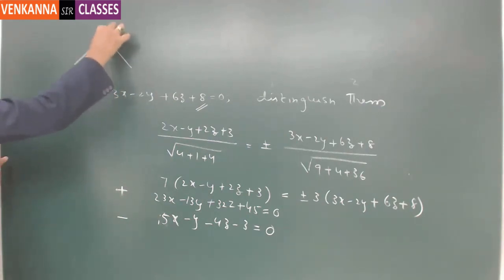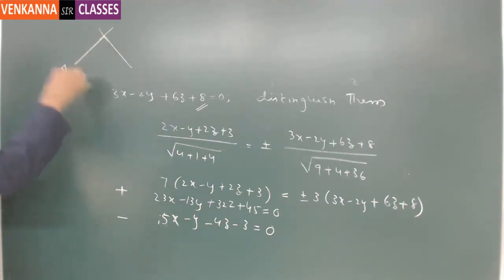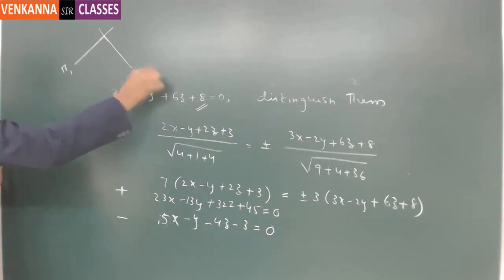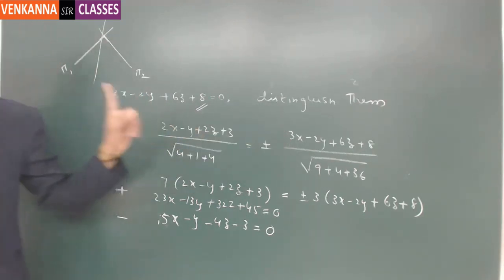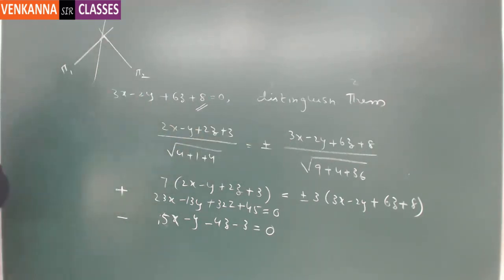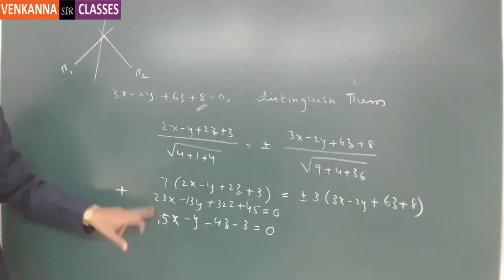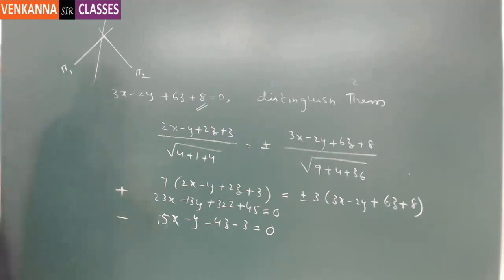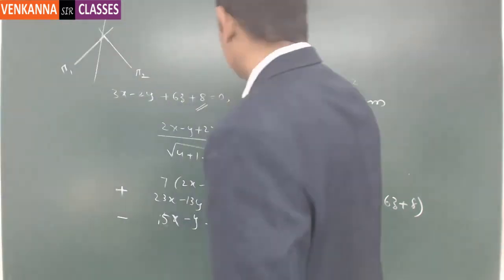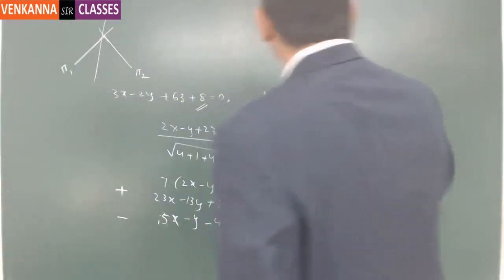Say this is the first plane pi 1, this is the second plane pi 2. So this is the bisecting plane. Among the given two planes, I will take one. Similarly, among the obtained planes, I will take one. So for computational convenience, I take this and this.